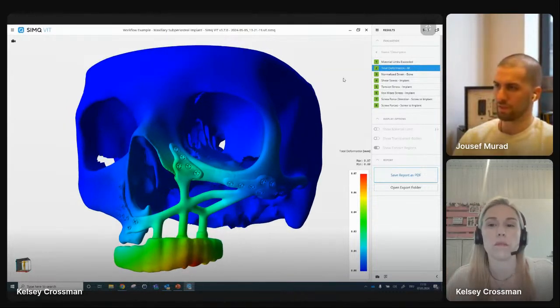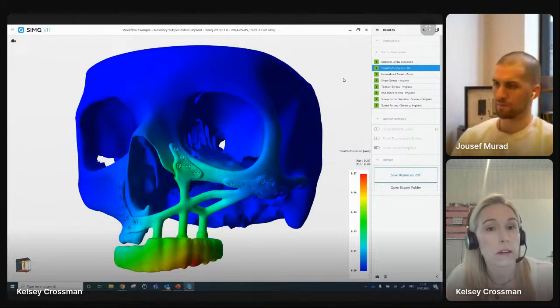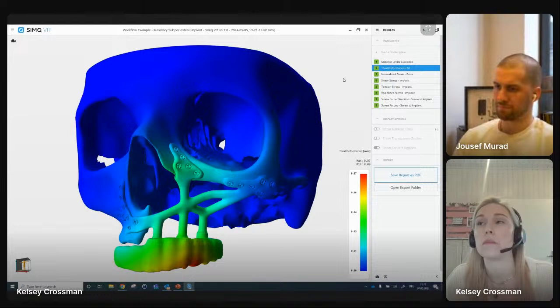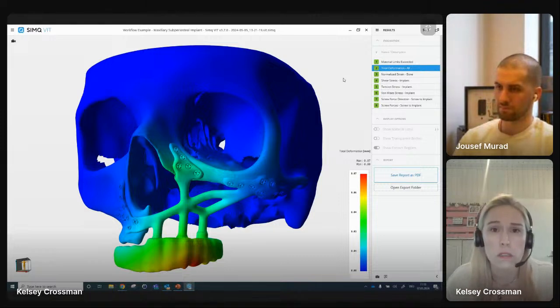With the material limit, that was easy. But that's not necessarily the case with the screw forces. Just because the screw is under a lot of load doesn't necessarily mean that the screw needs to be removed or changed in any way. It's just so you know, of all the screws, that one is taking the most force at 28 newtons, for example.